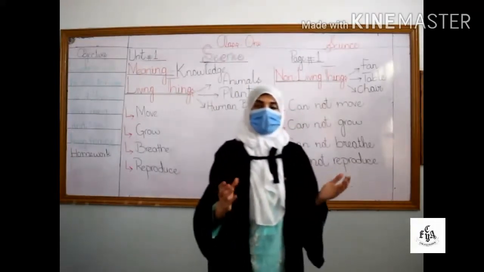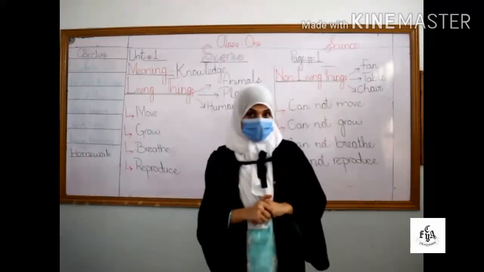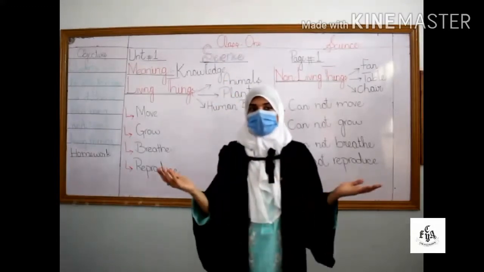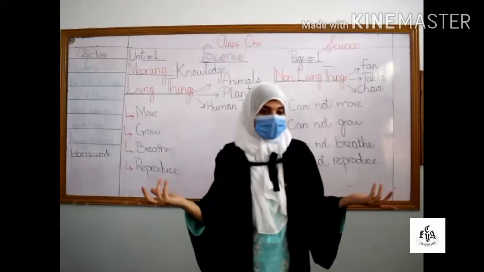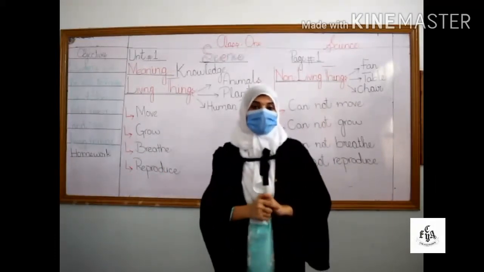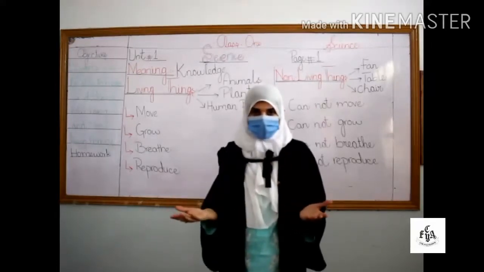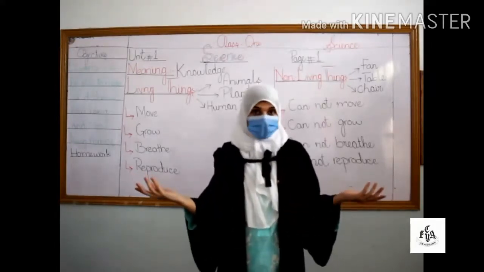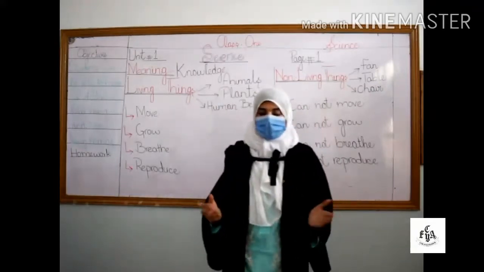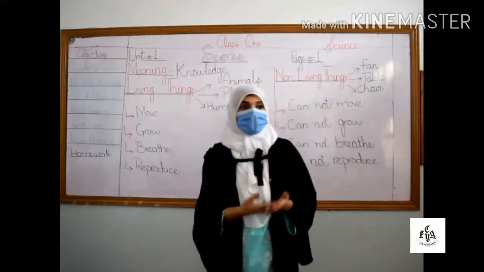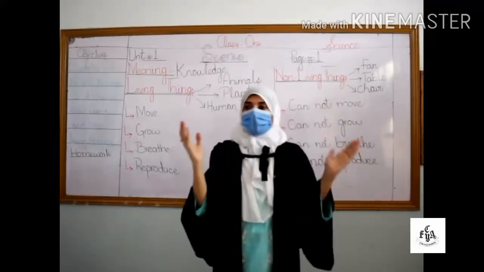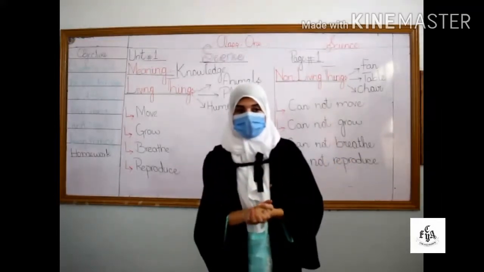Simple. Look at a fan in your classroom. Can it move? No, a fan cannot move. Look at a chair in your classroom. Can it move? No, a chair cannot move. Look at a table, dice, pencil, eraser, sharpener. These are all non-living things.